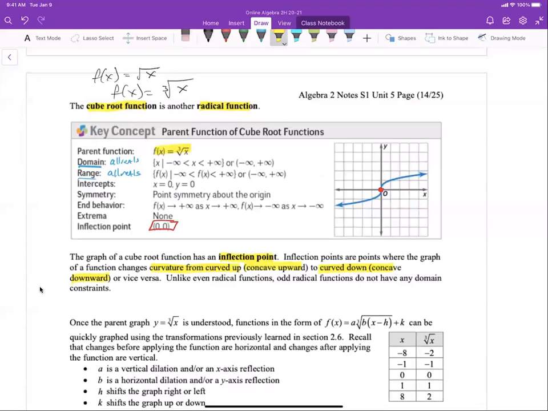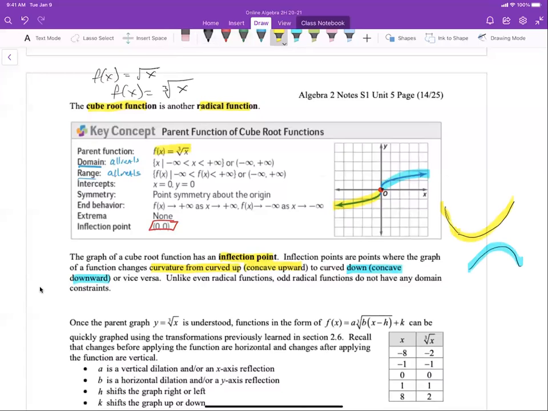So curved up would have this feature, and curved down would be something like this. This could even go further. This is concave curved up.